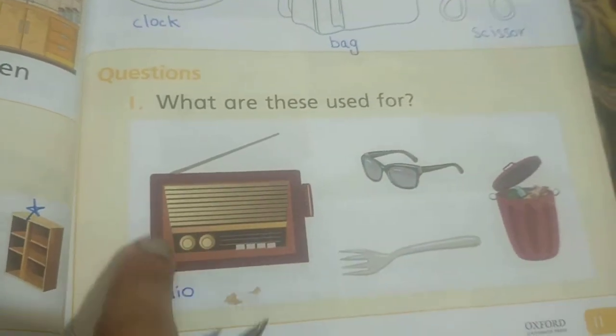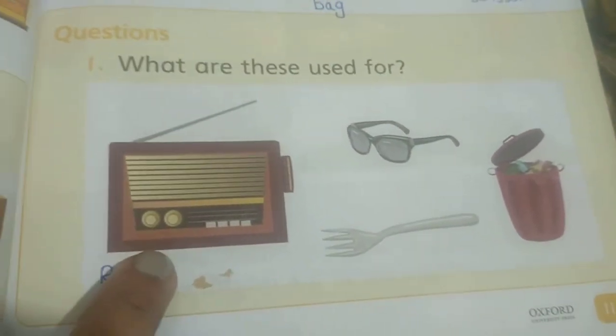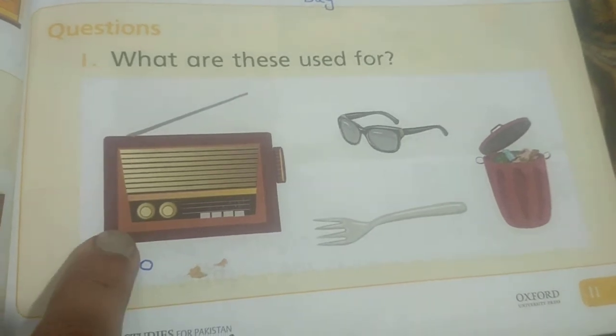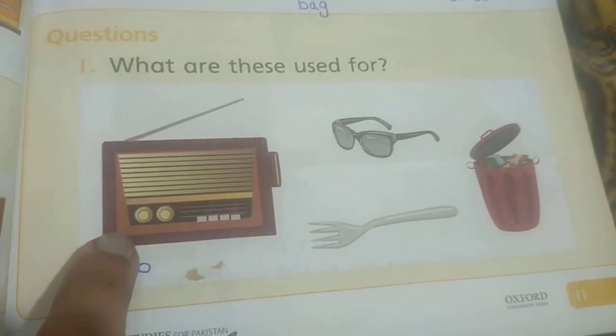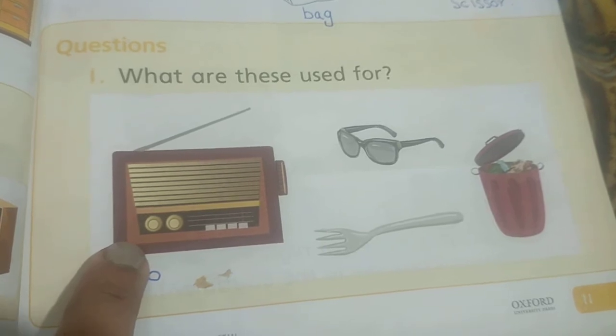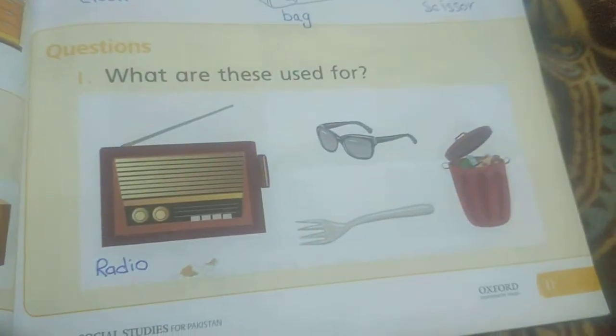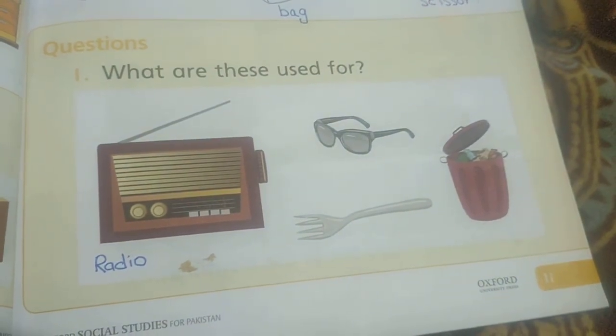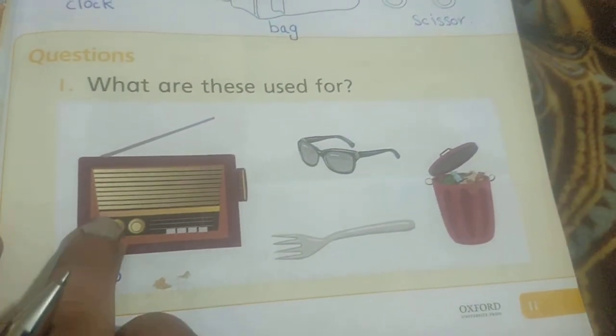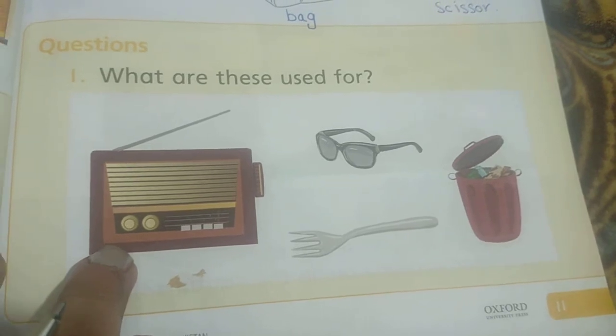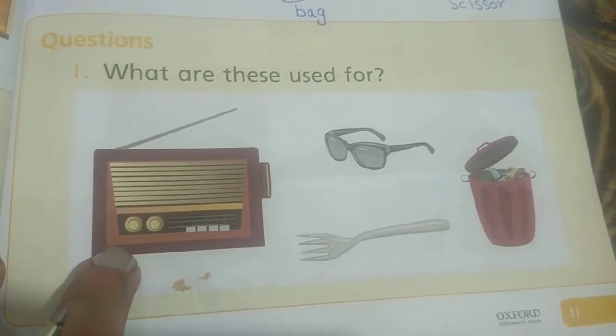So what I have told you about the radio, we can use the radio for listening to songs, news, or for general knowledge. These days, we can get lots of information from the radio also. It is a most important factor of communication these days.